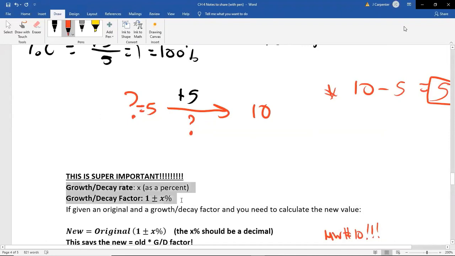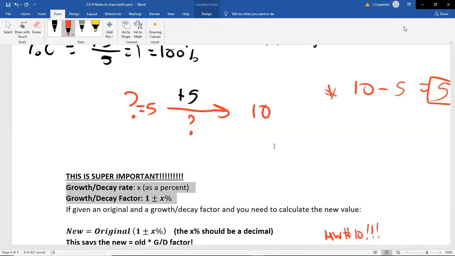You have got to understand the difference between these two things. And this is something that I always have to hammer out and hammer out and hammer out to my students. We are going to see this in chapter 5, chapter 6, chapter 8, and chapter 9. Just like when we introduced proportions in chapter 2, it never really went away.